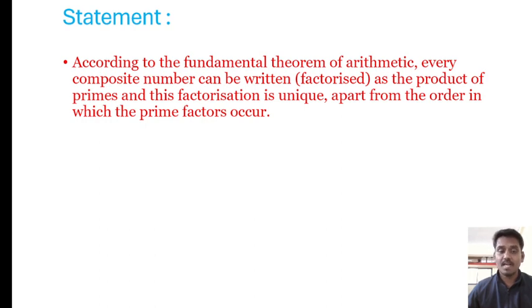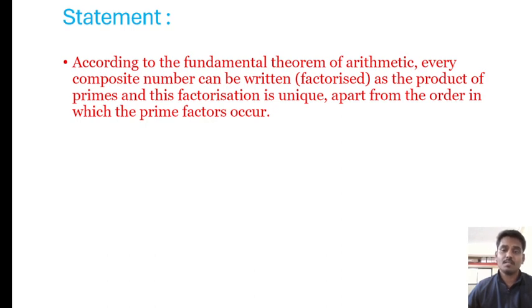So it means that given any composite number, we can factorize it as a product of primes, and that factorization will be unique. Only order can be different.